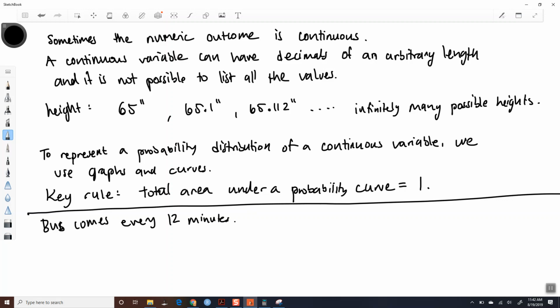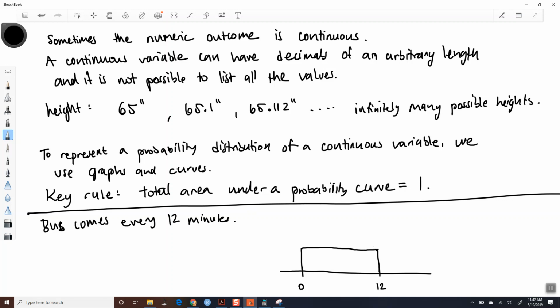And because you're arriving at a random time, we're going to say that any amount of waiting is equally likely, okay? So we can say anything between waiting 0 minutes and waiting 12 minutes is equally likely. And so this is going to be represented by a curve, okay? So here's our number line, and it goes from 0 to 12, and the curve is just going to be flat, okay?